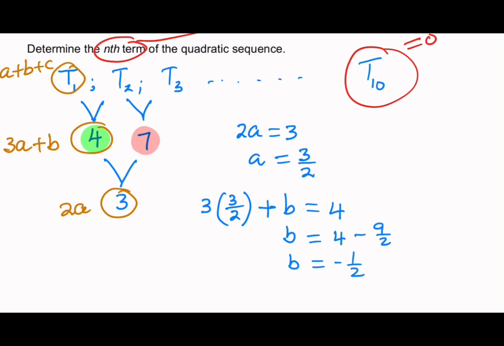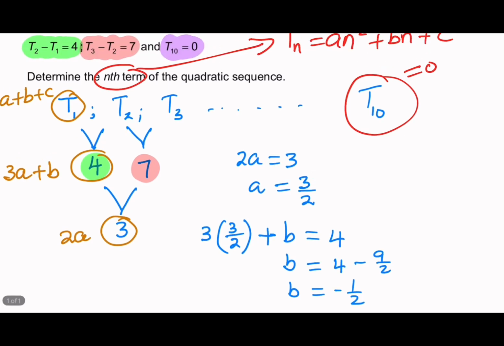Okay, so now we have a and we also have b. This is great progress. We just need c. We don't know what c is, and this is where, if you're not careful, you're probably going to get stuck because you don't really know T1.